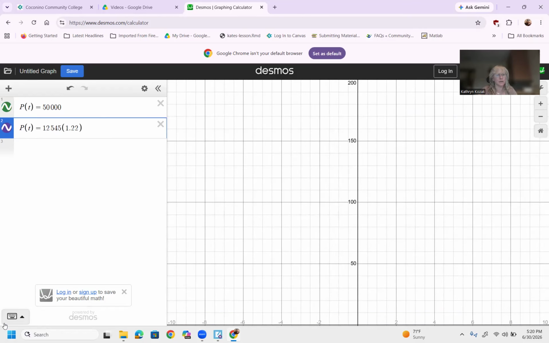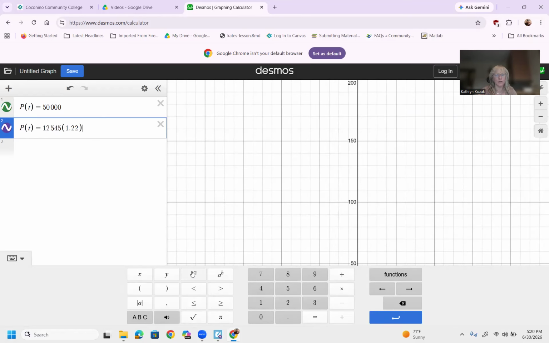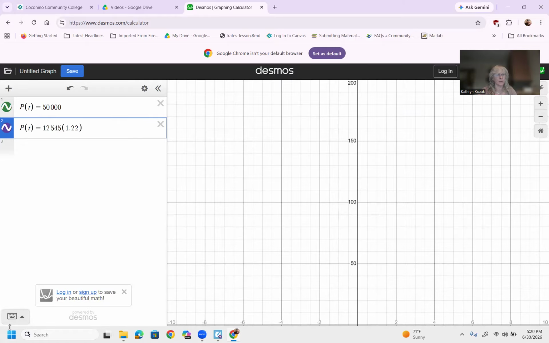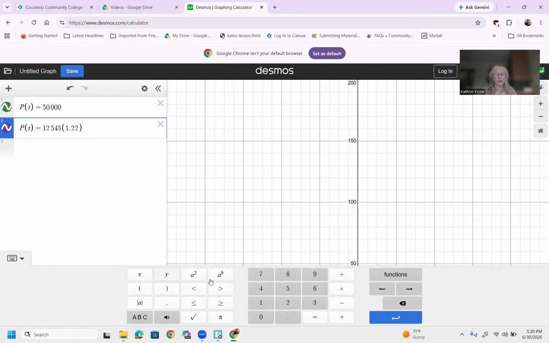You can come down here to your keyboard and use that for the power. Or you can press this arrow down here, the keyboard, that'll expand this, and then you can see A to the B. It makes it into a power. And then we're going to put a t up there because we don't know what t is.